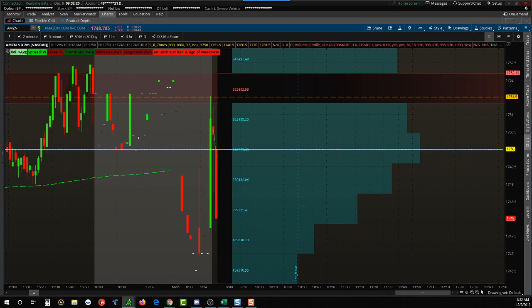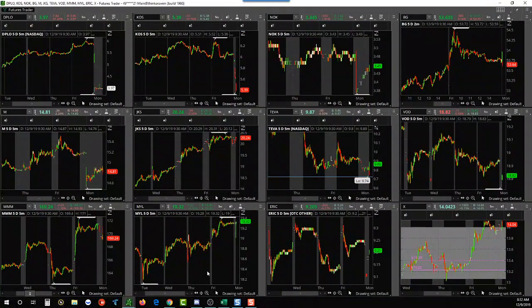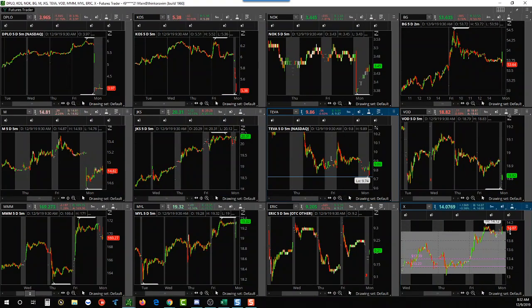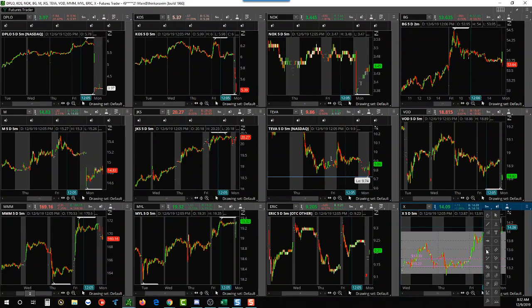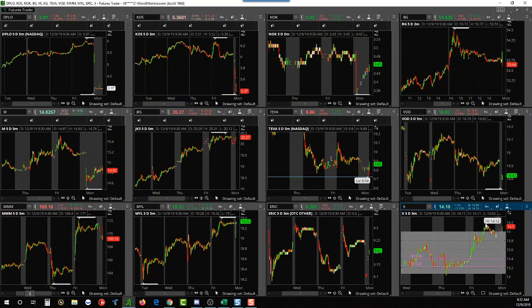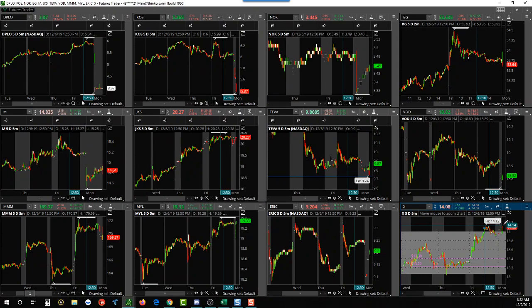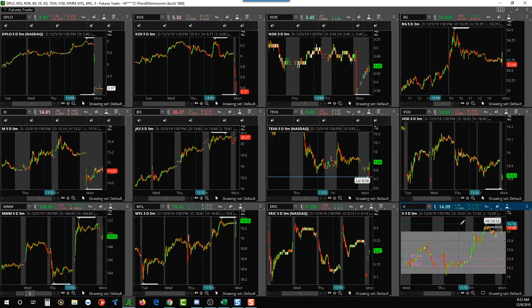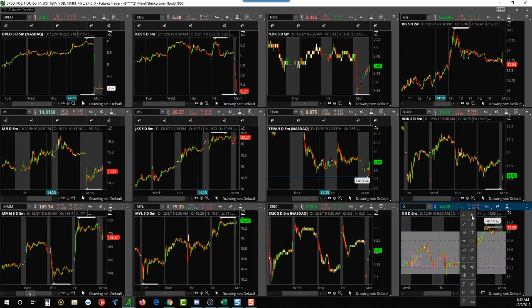Dan's calling out Fate, high of the day. Morning score. Looks like X Steel is pushing into that support. That zone at that 1412. Well, my thinkorswim just went like in slow motion.